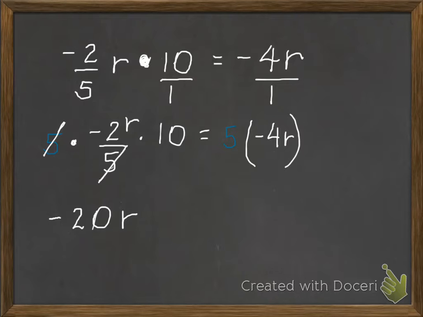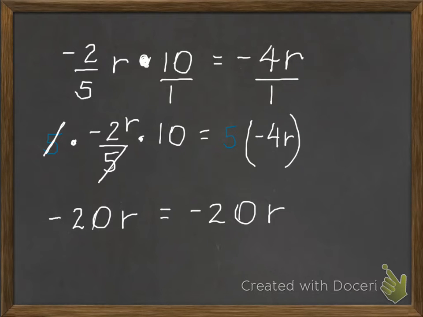These 5's canceled. Remember, you don't want to distribute because we don't have a plus sign here. We're just going 5 times minus 2/5 times 10. We're multiplying this whole cluster, this whole term that's on the left side by 5, which is the lowest common denominator. And over here on the right side, 5 times minus 4 is minus 20R as well.